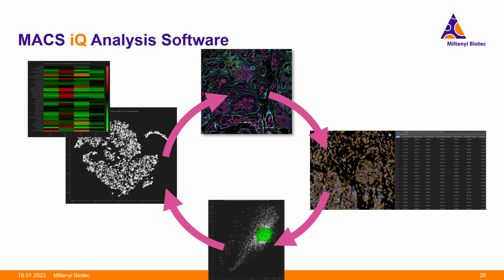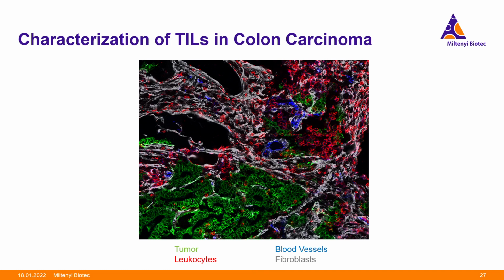In the following example, we'll show you how this all comes together and the power of the analysis software. So let's go back to that example that we saw cycling through at the beginning of this section: examining tumor-infiltrating leukocytes, or TILs, in colon carcinoma.